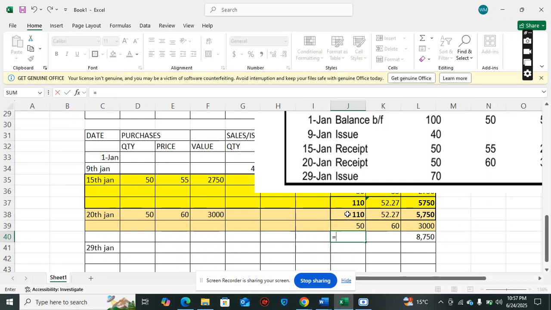Then total amount of inventory 110 units plus 50 units, 160 units. So our average cost, you're going to say 8,750 divided by 160, you get 54.68. We just round off to two decimal places. Okay, it's advisable to round off to two decimal places so that life is made easy. You don't want to be using a lot of decimal places.